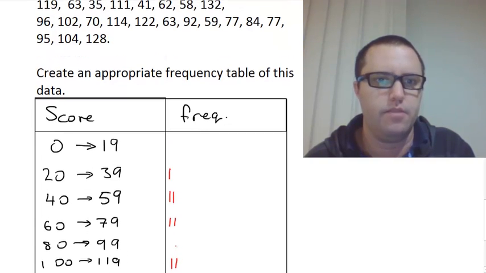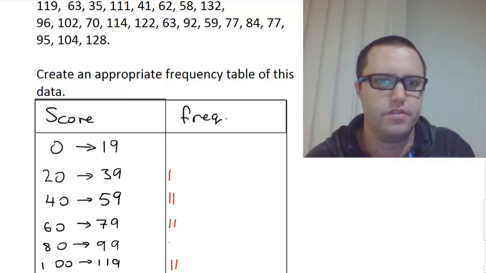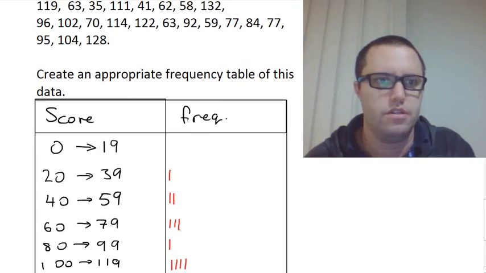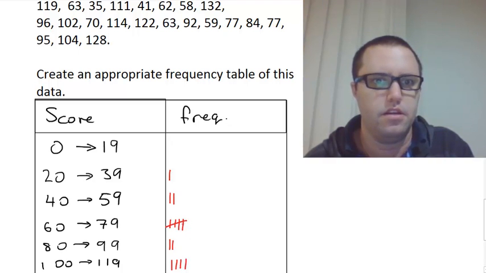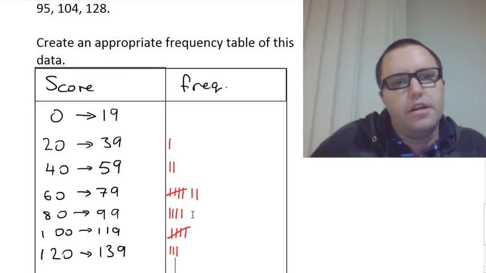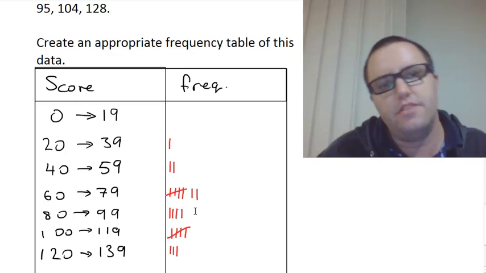Just going to scroll down there, put it there. 96 fits in this one here, 102 fits here, 70 fits in here, 114, 122, 63, 92, 59, 77, 84, 77, 95, 104, and 128.